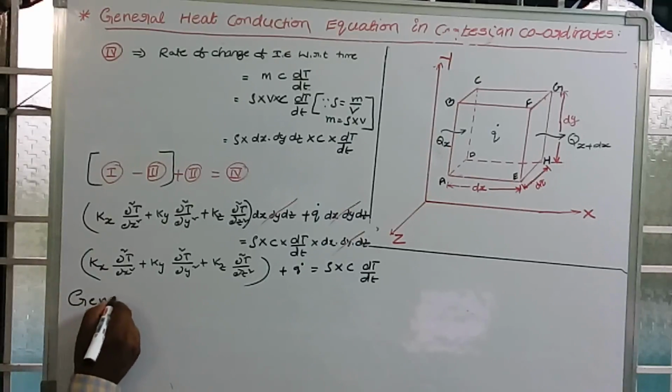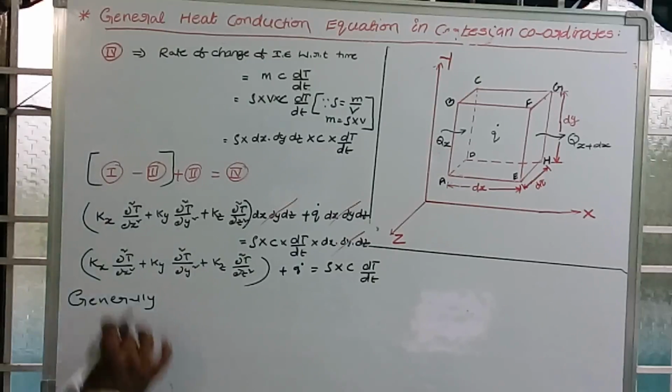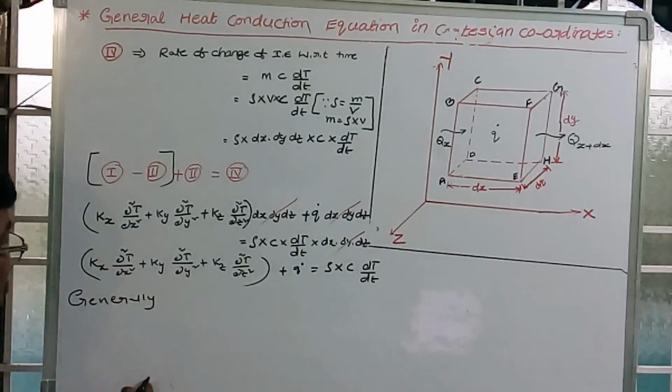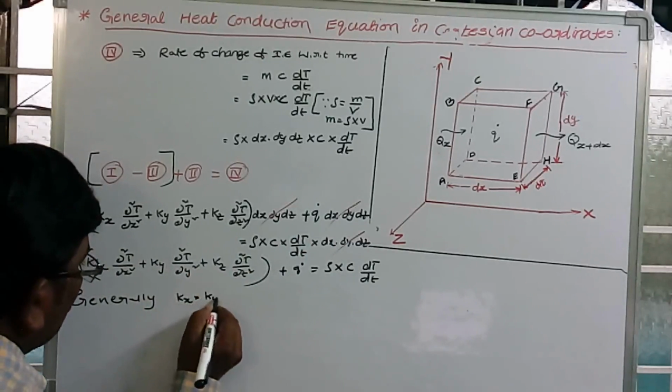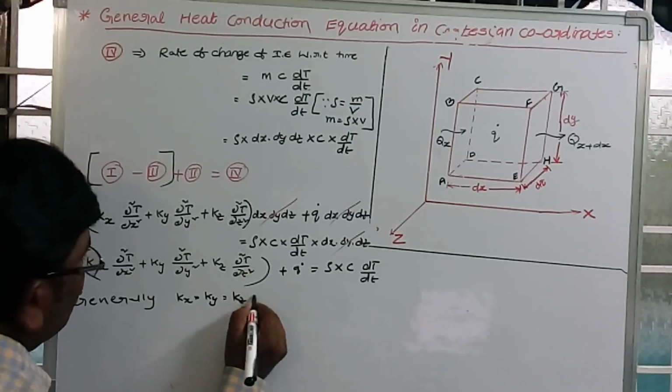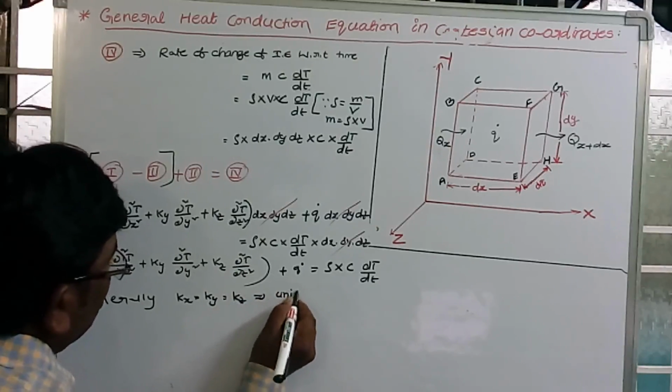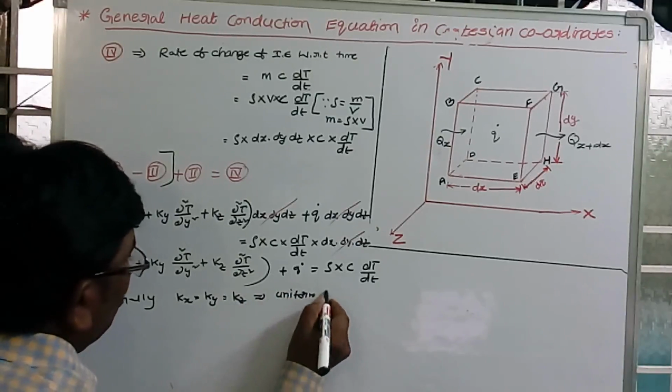Generally our element is very small, so the thermal conductivity in all directions is also the same, that is kx is equal to ky is equal to kz, that is uniform thermal conductivity.